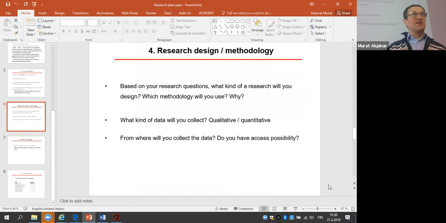Secondary data, do you have enough secondary data in English? Or if you say that, okay, I will do something about a Finnish company, then we need to discuss about how you will access the data about that Finnish company. So these are things that you need to think about in your research plan.